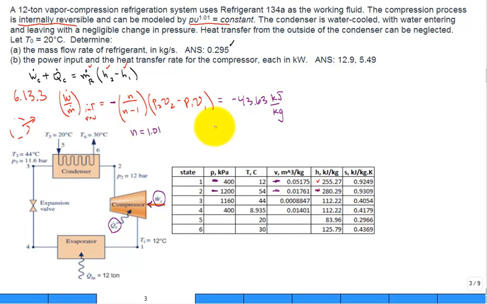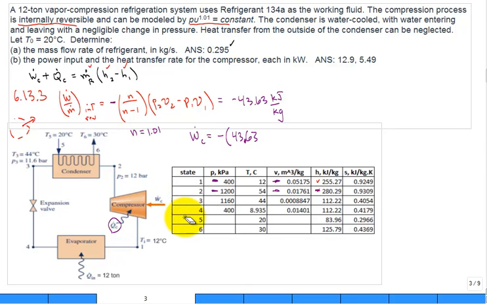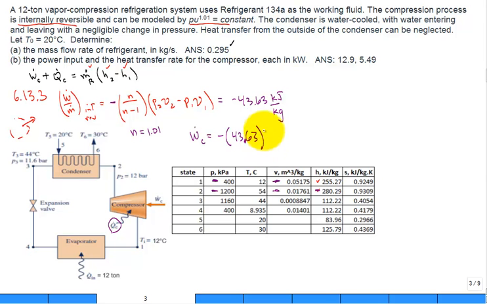So now we interpret that to get that W dot C is minus this minus 43.63 for this problem, because in this problem it's shown to be positive inward directed, okay? And we multiply by our mass flow rate, 0.295 kilograms per second, and we calculate that our power into the compressor is a positive 12.872 kilowatts.